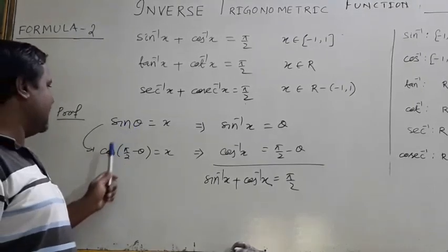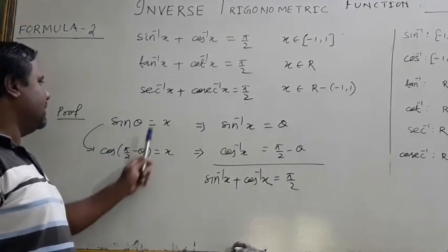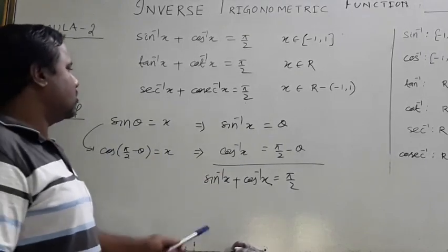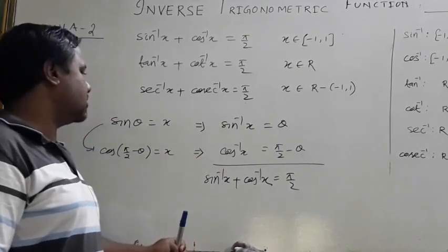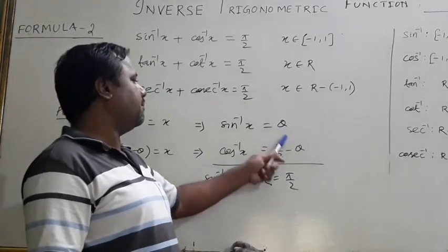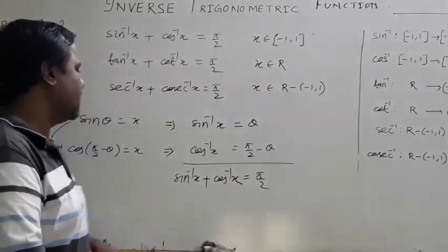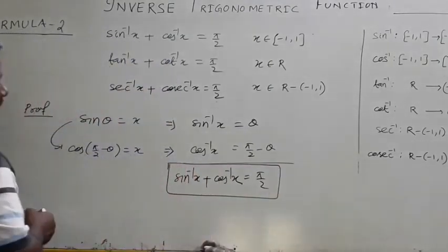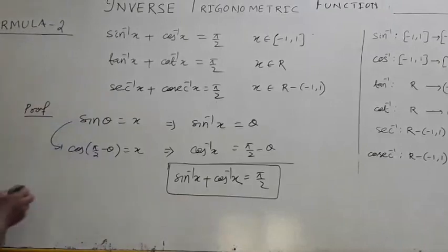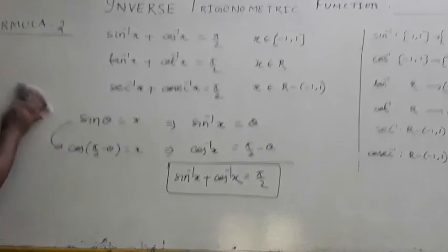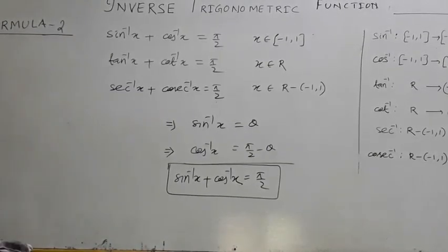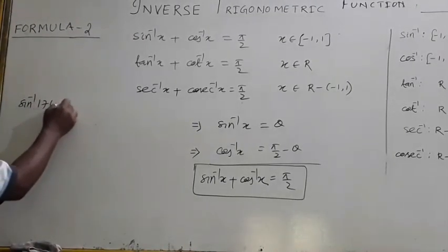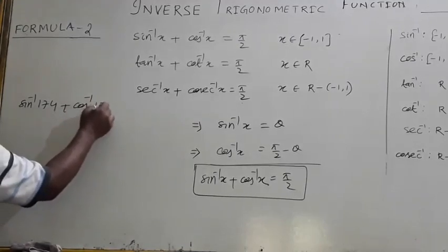Then cos of 90 minus theta is equal to x. Now cos inverse x is equal to pi by 2 minus theta. So if we add sin inverse x plus cos inverse x, theta will cancel. It will become pi by 2.